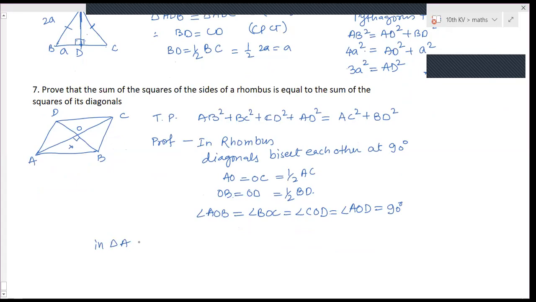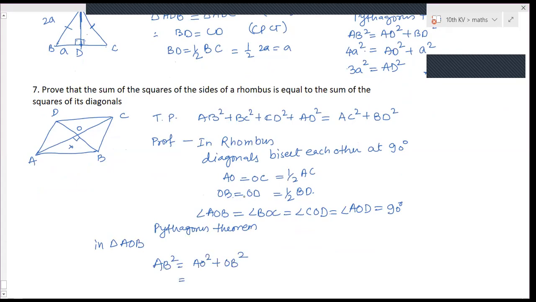In triangle AOB, by Pythagoras theorem, AB square is equal to AO square plus OB square.